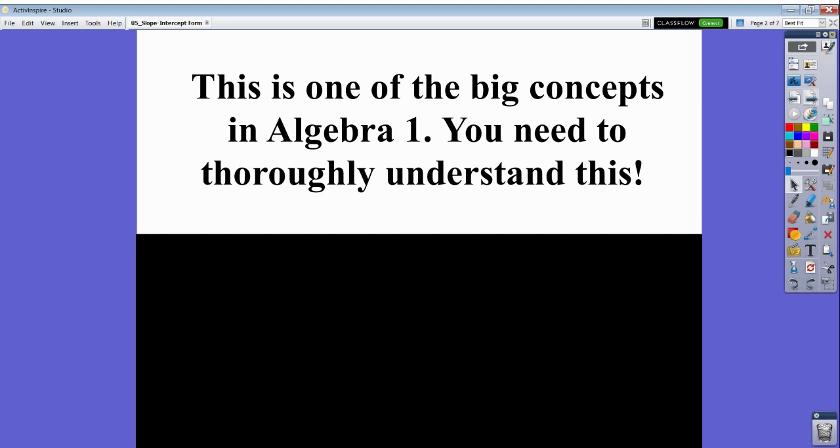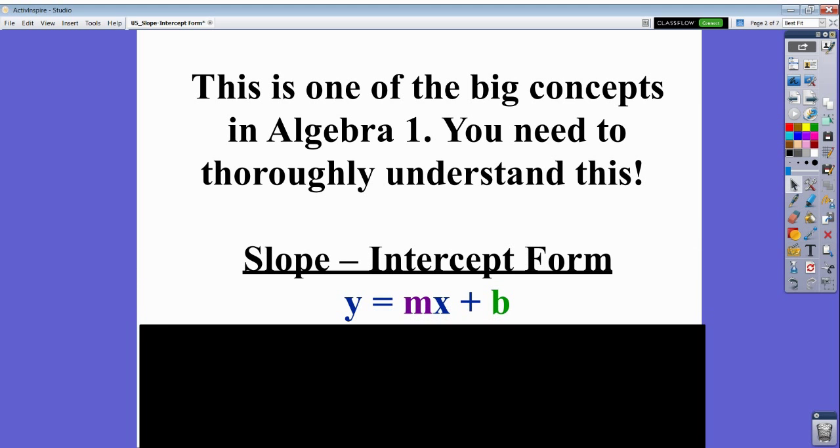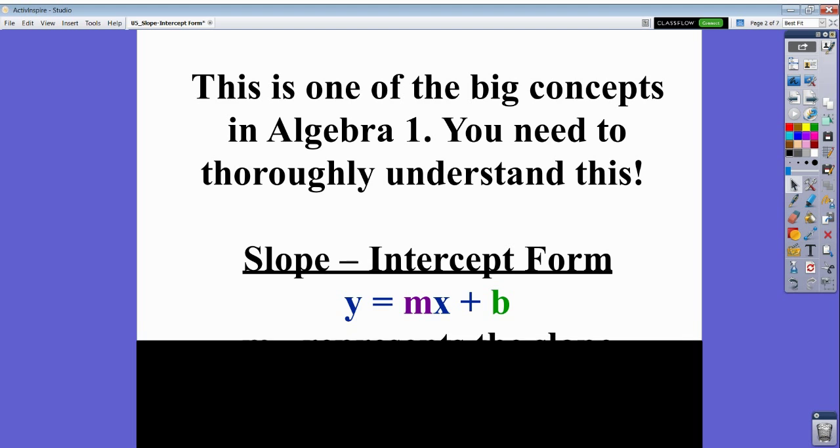The major thing is slope-intercept form. For some reason, a lot of students come from middle school and they know y equals mx plus b, but they still don't know that m is the slope and b is the y-intercept. So it's very important that you know these things.